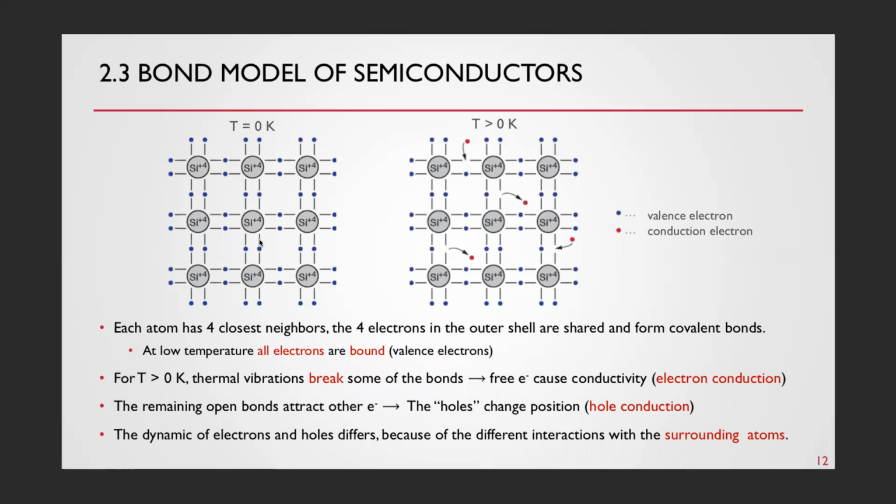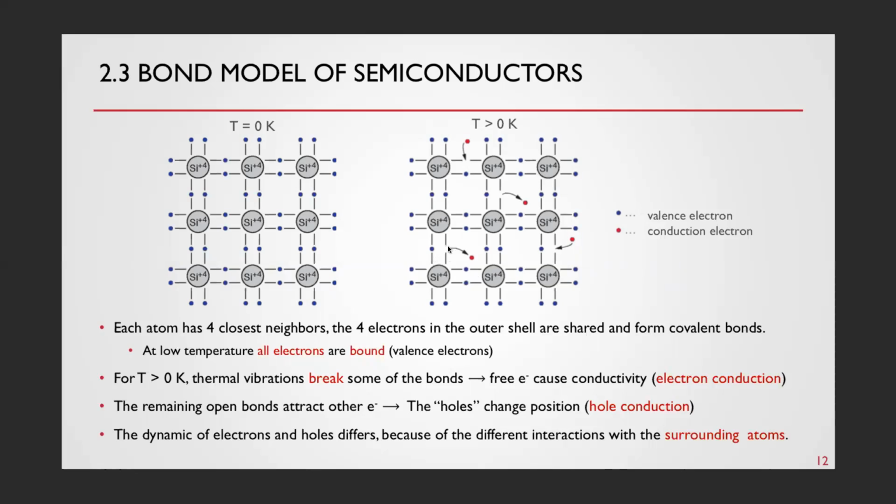At the low temperatures, this is an insulator. All electrons are bound. All of them are valence electrons. For finite temperatures, the thermal vibrations break some of these bonds and they free some of the electrons. So electrons can move around and cause conductivity. That's the electron contribution to the conduction.